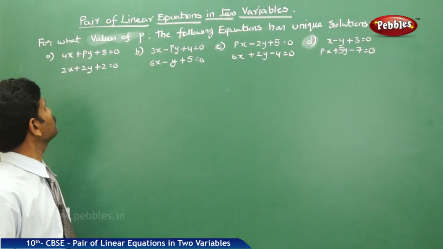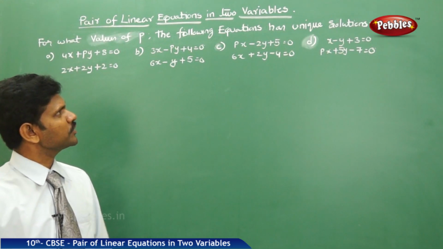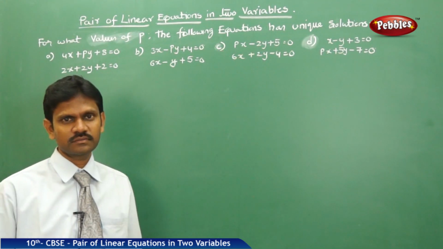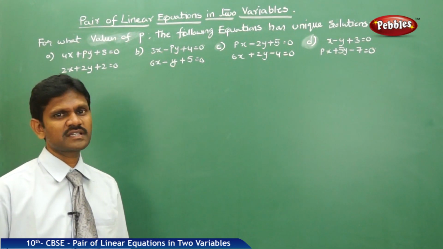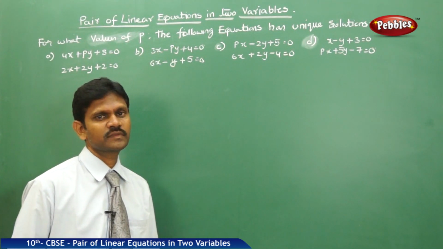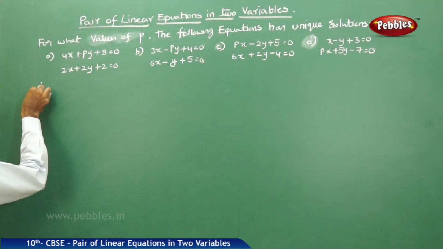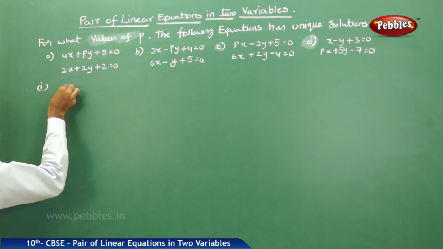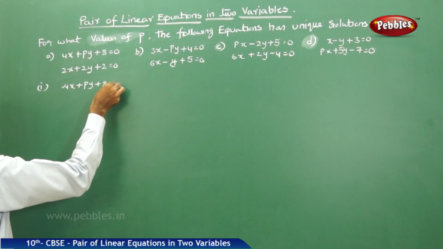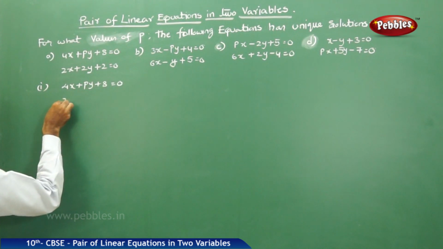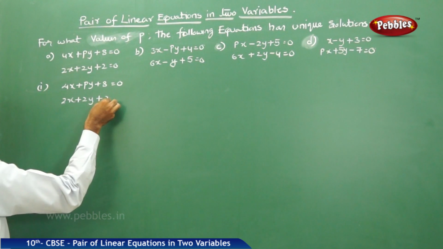Now see the next problem. For what values of p do the following equations have a unique solution? First of all, please recall the condition for a unique solution. First question: 4x plus py plus 8 is equal to 0, 2x plus 2y plus 2 is equal to 0.